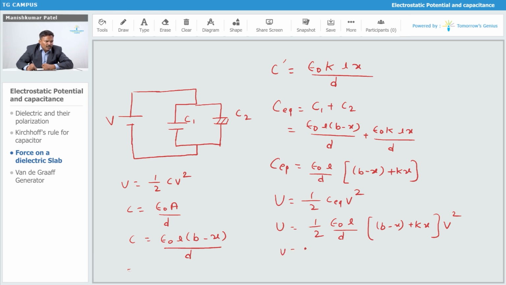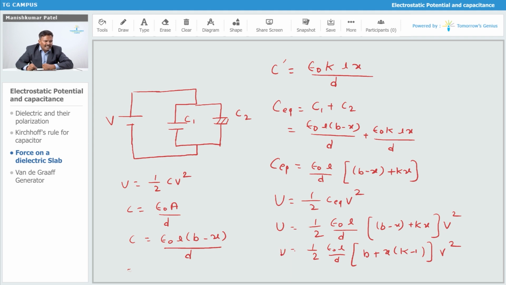Further, epsilon naught L upon D times (B minus X plus KX). You can further take X common, so that it becomes B plus (K minus 1)X, multiplied by V square.